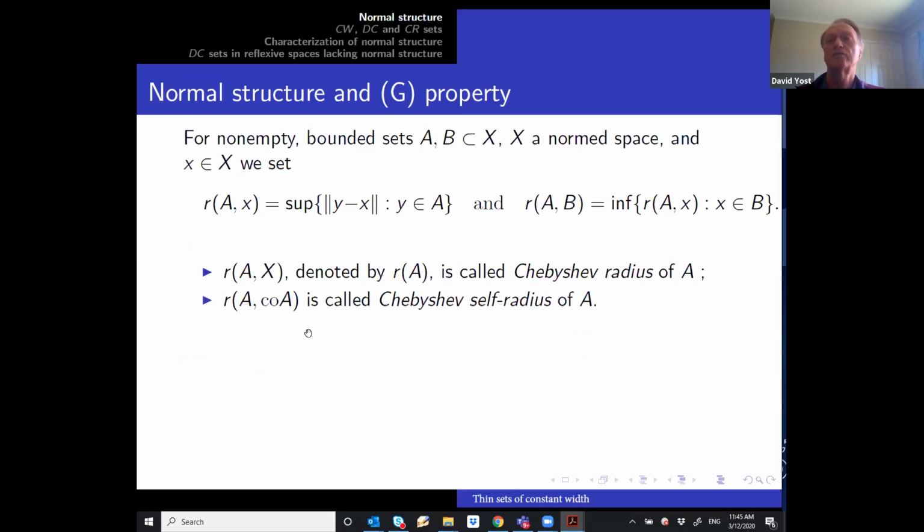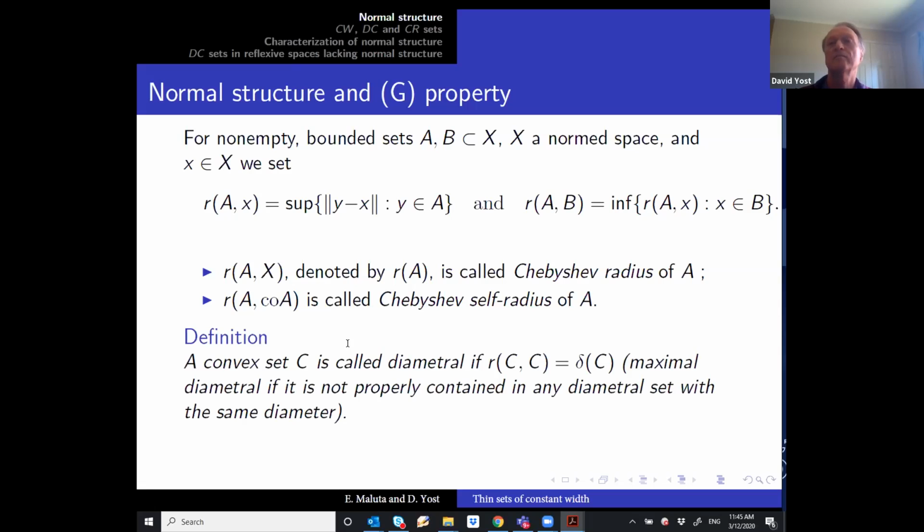The Chebyshev self-radius is the smallest radius the set can have with respect to centers which are in the set or the convex hull of the set. And this can be strictly larger than the absolute Chebyshev radius. And we call a set diametral if its self-radius is equal to its diameter.